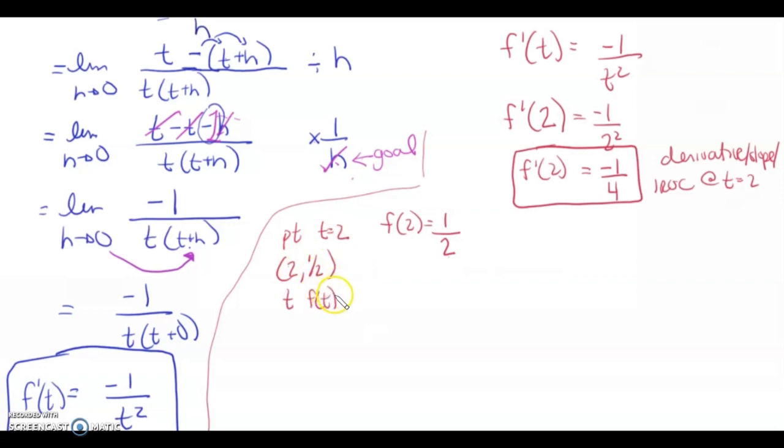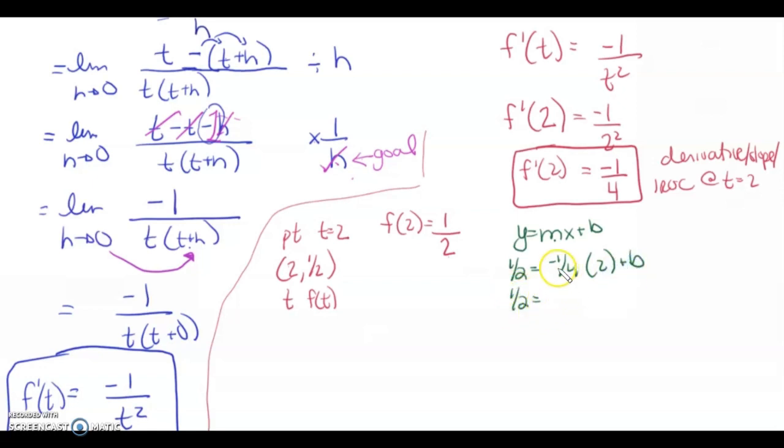Now what we want to do is find the equation of a tangent line. So I'll start that here. Originally we're going to have y equals mx plus b. It's the easiest way to do it. So y is 1 over 2 equals, the slope is -1 over 4, x is going to be 2, and then plus b.